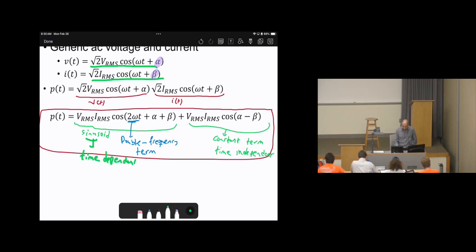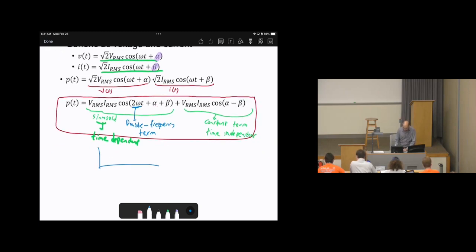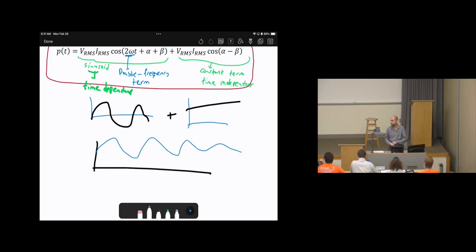Then we realize that the instantaneous power has a constant part and a part that's changing sinusoidally with time. So if we draw the sinusoid waveform alone, it will be something like this. The constant part, something like this. Then if we mix them together, what will happen? It will be like this. Something like that. The power.